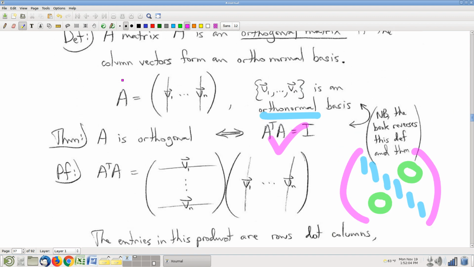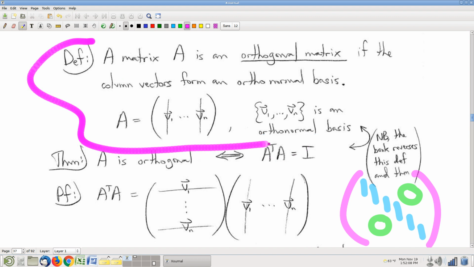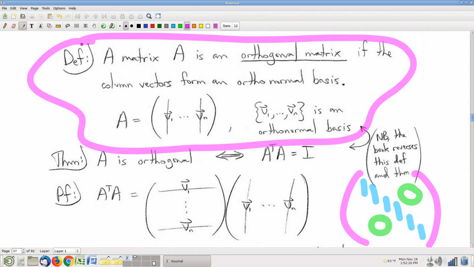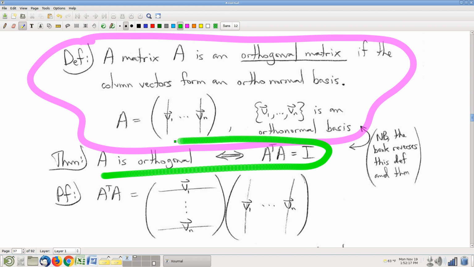Now, another little quick observation before I go along. So we have here a definition. This is my definition of an orthogonal matrix. And then here we have this theorem about orthogonal matrices that A transpose A is the identity. Okay, so I just want to point out the book switches these. And it's not a matter of right or wrong. This is just a matter of choice. These are equivalent statements.